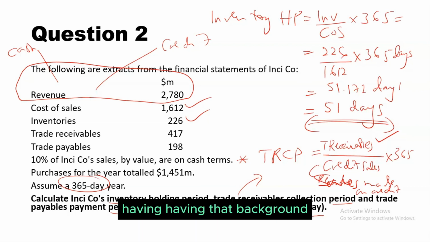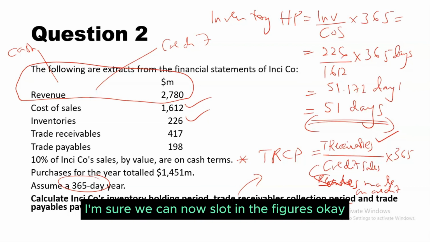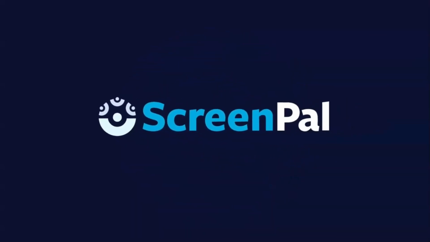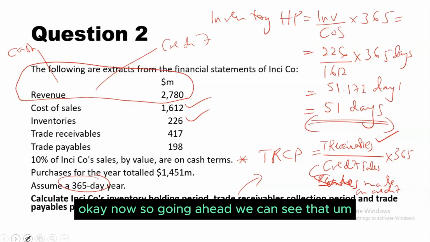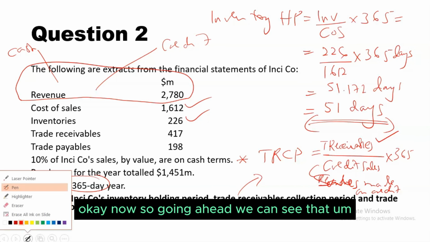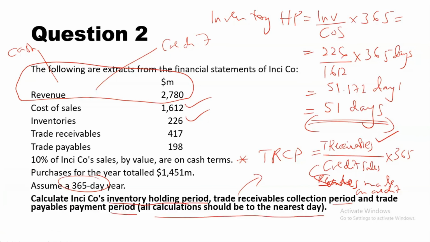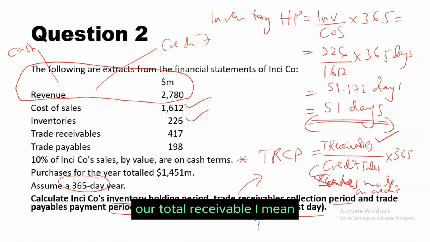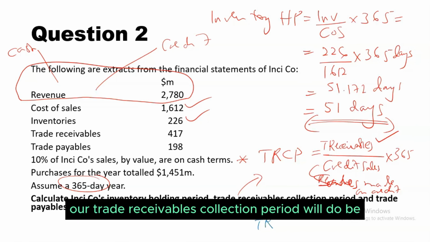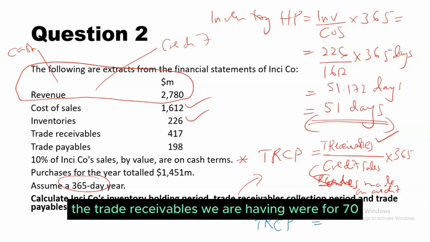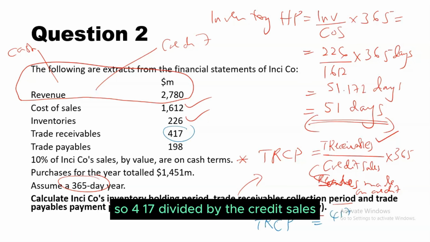Having that background, I'm sure we can now slot in the figures. Going ahead, our trade receivables collection period would be the trade receivables we are having, which were 470, divided by the credit sales.